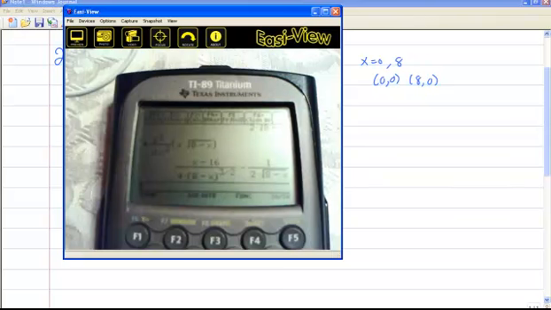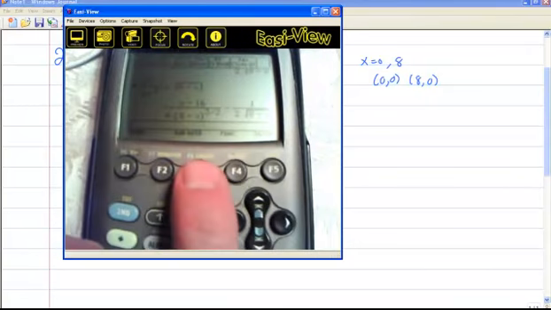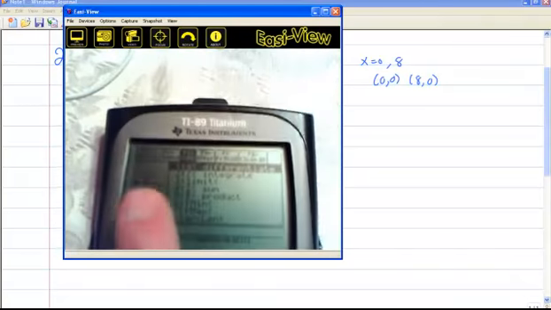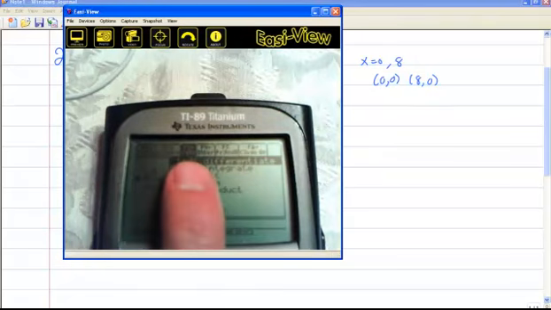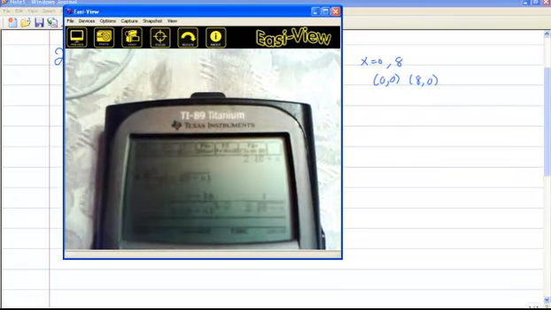I want to find the derivative of x times the square root of 8 minus x. The F3 button activates the calculus menu, and the first choice is differentiate. So hit enter.